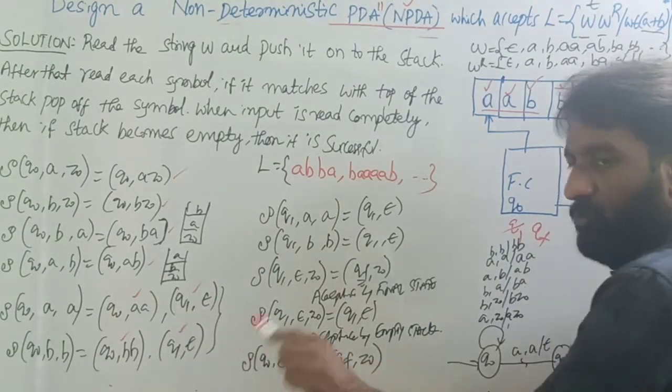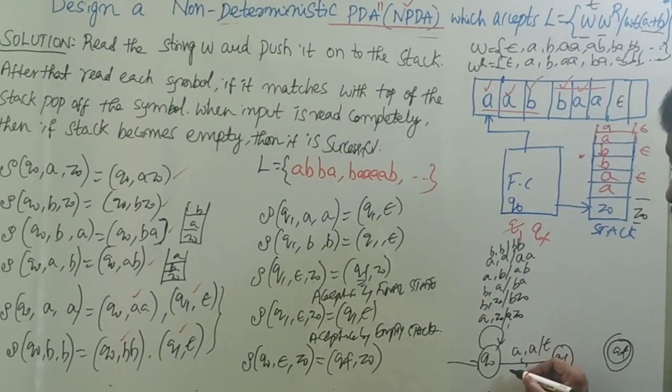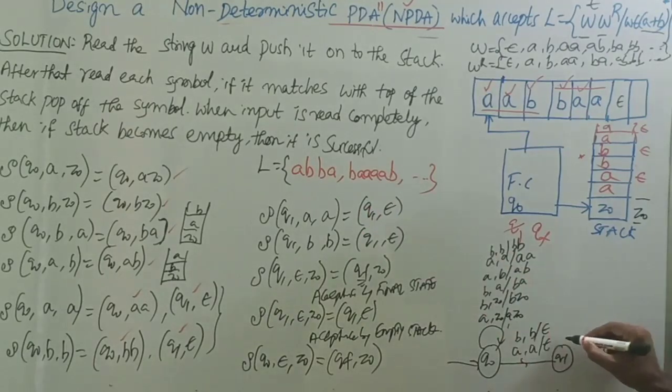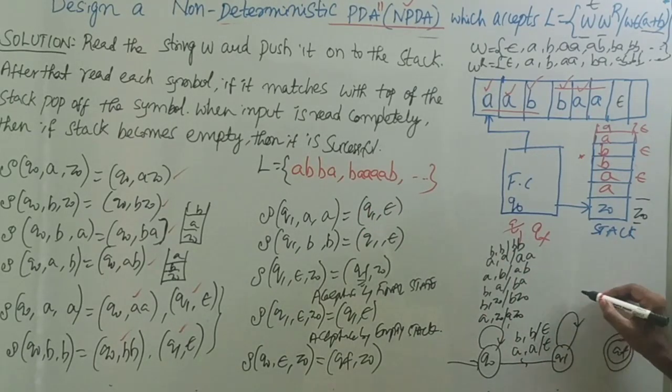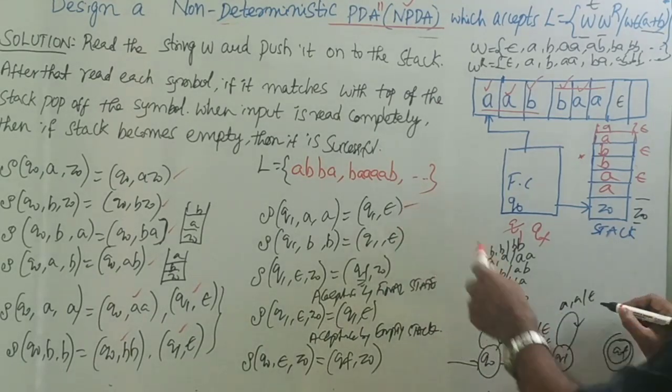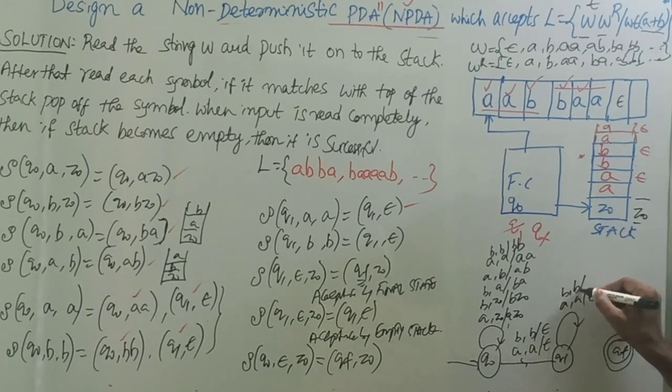We have one more move for the same transition: input symbol is B, top of the stack is B, do the pop operation. Then in state Q1, if you find the same input symbol and the same top of the stack, do the pop operation. So A comma A is epsilon, then B comma B is epsilon.